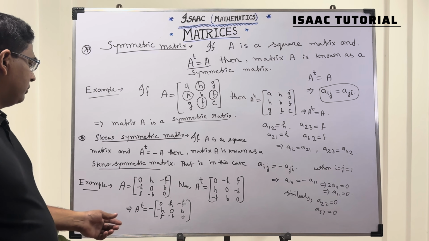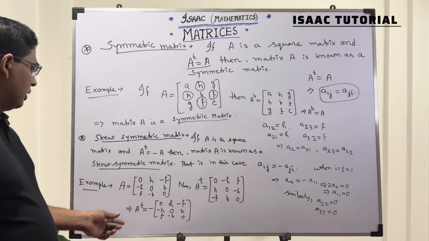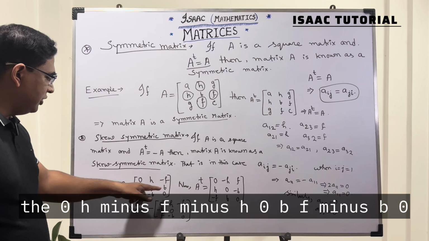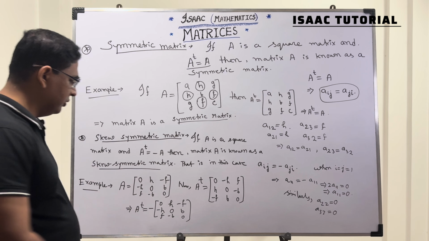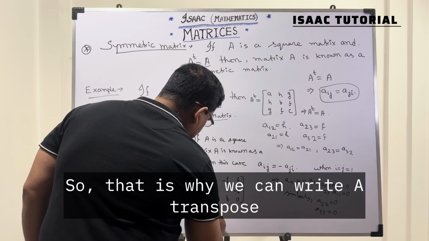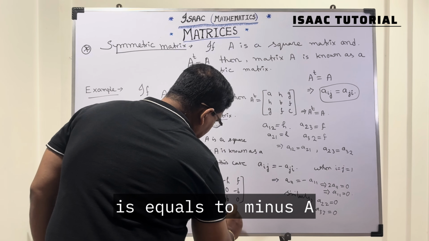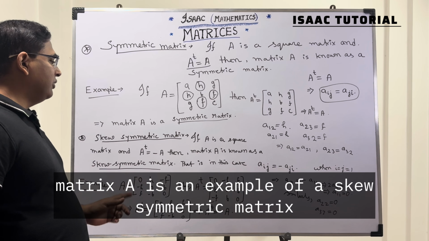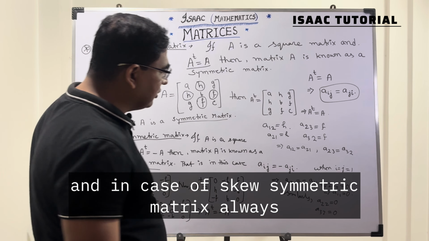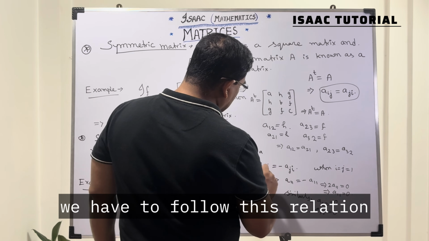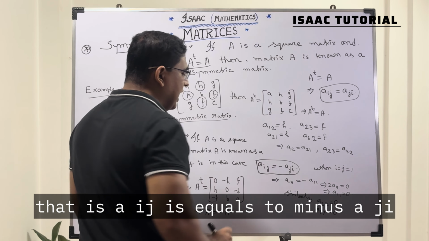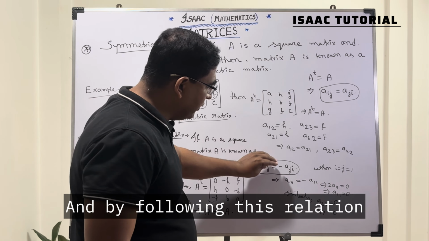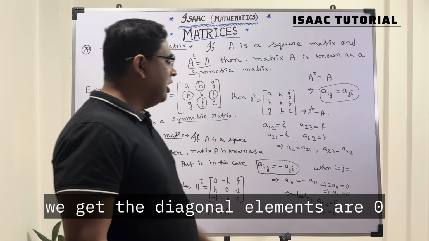This is the same as matrix A. So that is why we can write A transpose is equal to minus A. So matrix A is an example of a skew symmetric matrix, and in the case of a skew symmetric matrix we always have to follow the relation Aij is equal to minus Aji, and by following this relation we get the diagonal elements as 0.